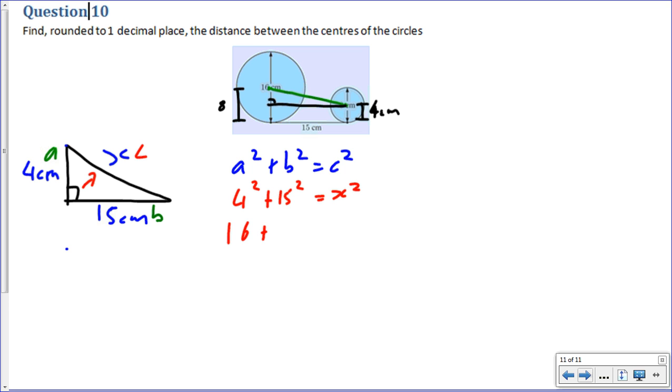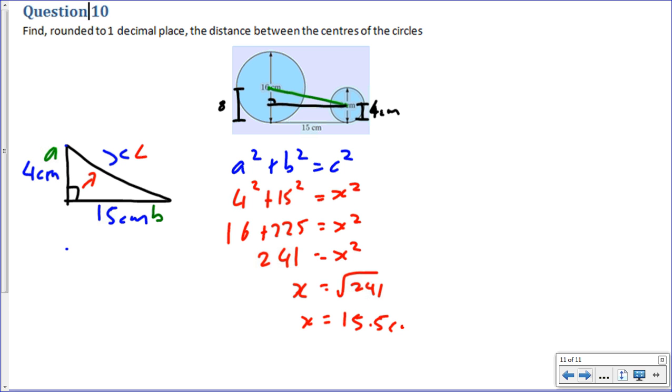16 plus 225 equals X squared. So 241 equals X squared. X equals square root 241. So now we want to go to one decimal place. So let's just rewrite that. X equals 15.5 centimetres. Haven't quite finished.